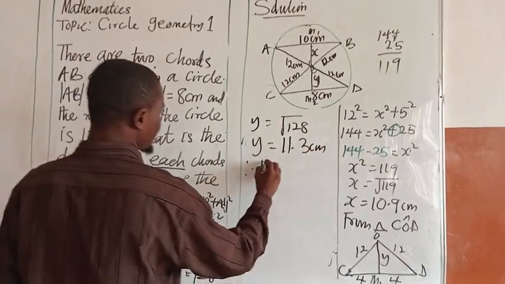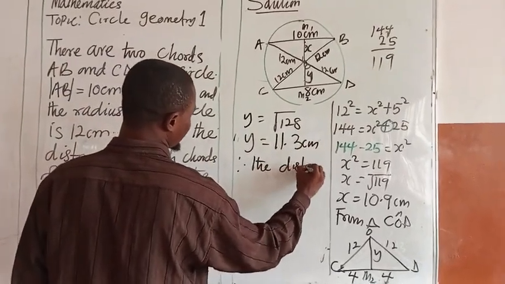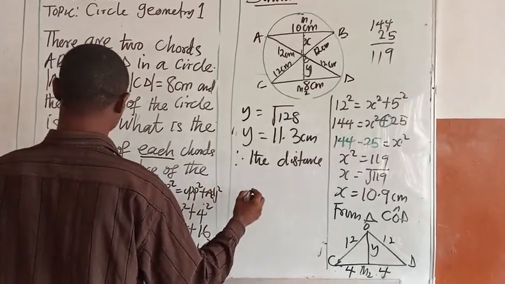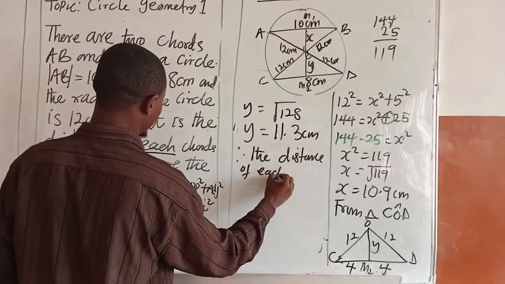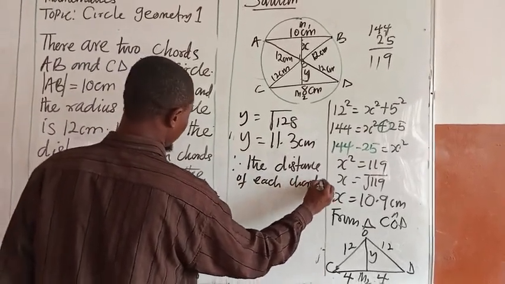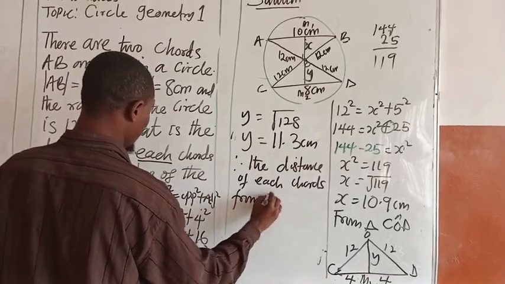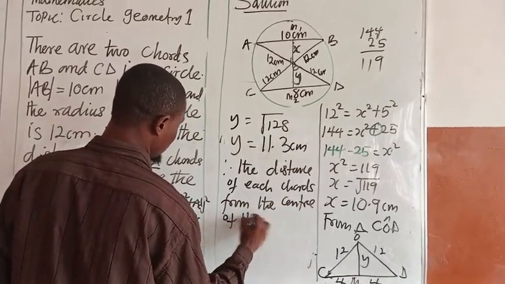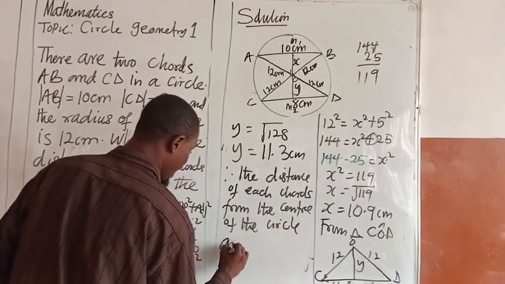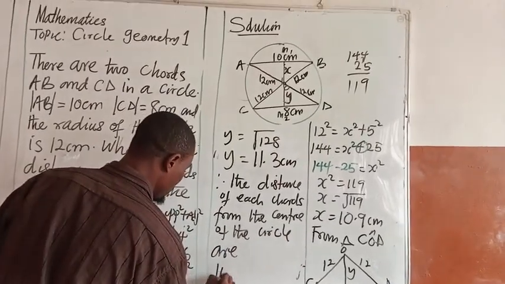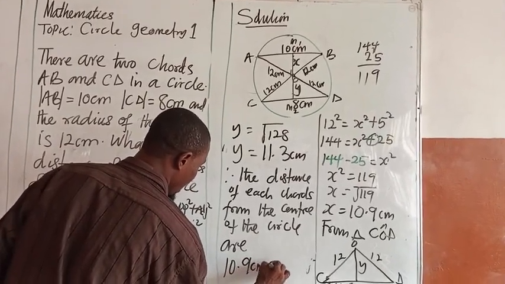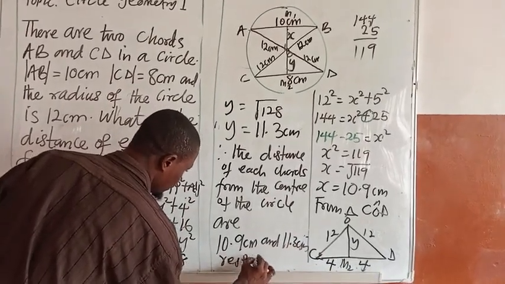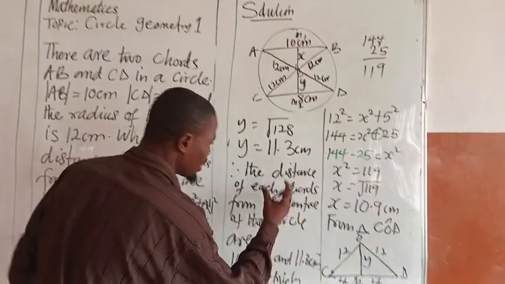Therefore, the distance of each chord from the center of the circle: the first one is 10.9 centimeters and the second one is 11.3 centimeters, respectively. This is the answer to the question.